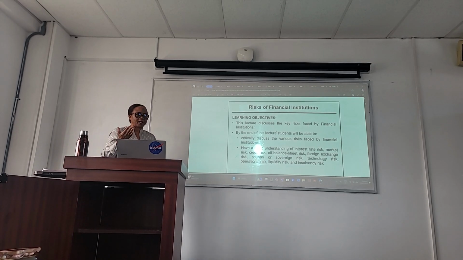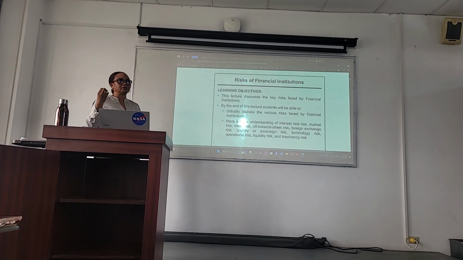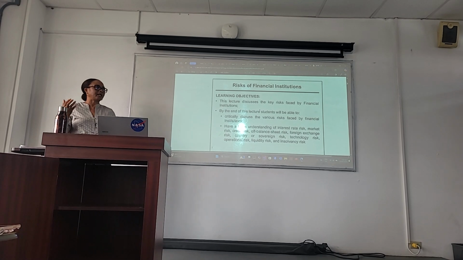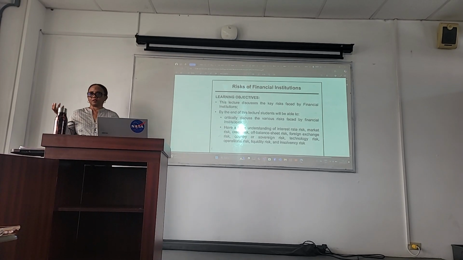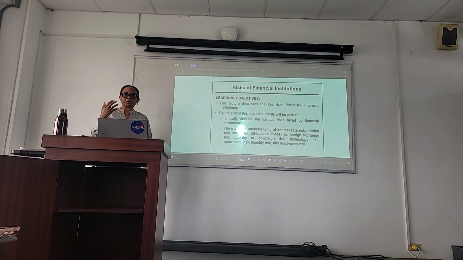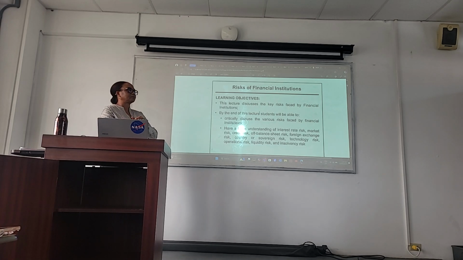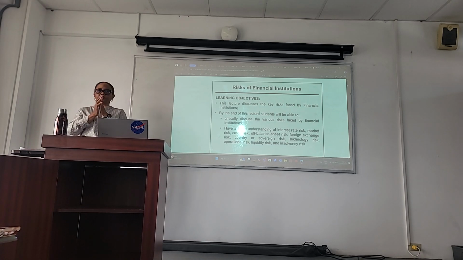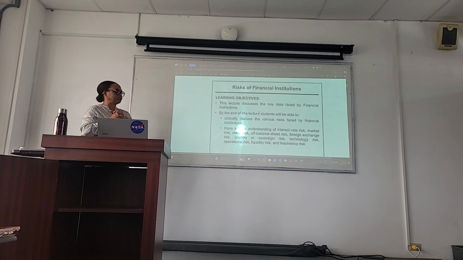But we also know that part of the reason that they need to be regulated is that they face a lot of risk, all right? We would have talked about it briefly. So today we're going to be talking about the risks that financial institutions face, all right?